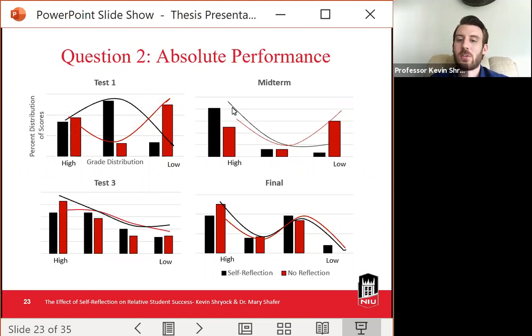And again, we can see different trends in the midterm. There's a different organization to the bars over here between the black and the red. But if you take a look down at test 3, you can see that they start to become much more similar, and by the final exam or test 4, they're practically identical.